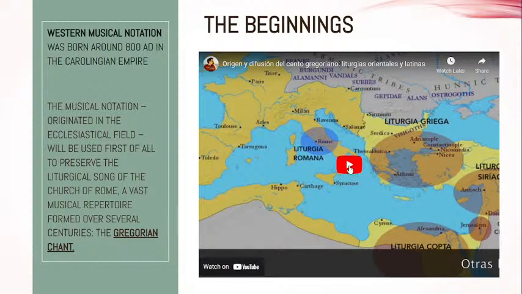As we said, the beginning was in the Carolingian Empire, 880. And the Gregorian chant is the first; it started under the Pope Gregory, and that's why it's called the Gregorian chant.